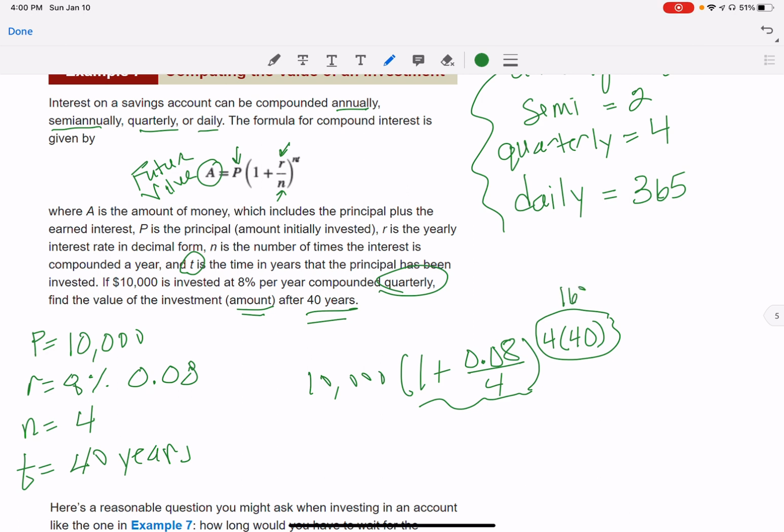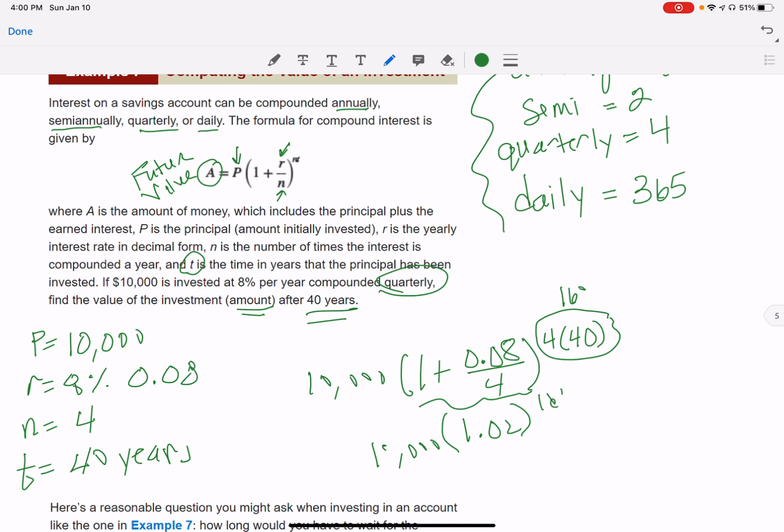So if you simplify what's in the parentheses first, let me go ahead and redo that so I can tell you exactly what it is. I will put in 0.08 divided by 4 first, and then put my 1 plus that, so that's 1.02 raised to the 160 power.